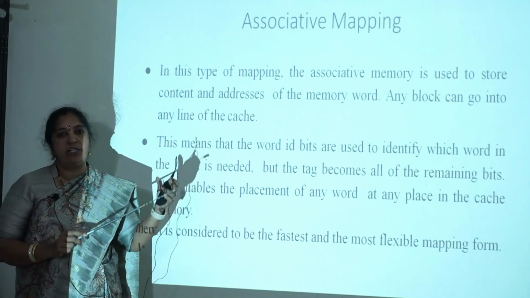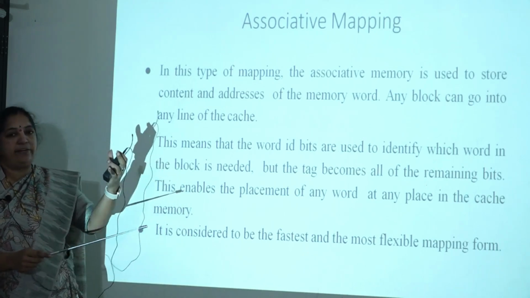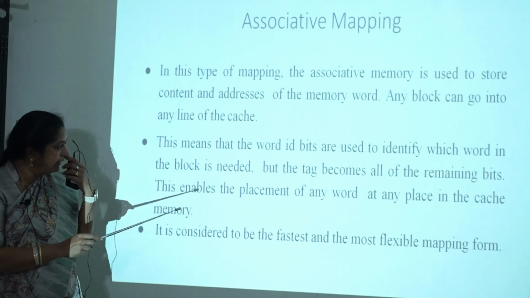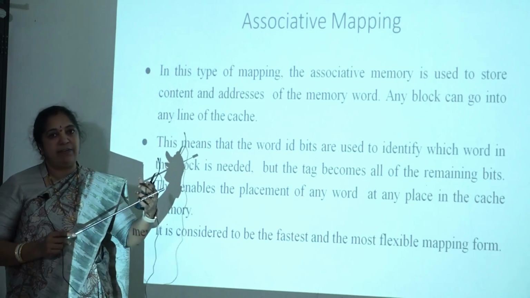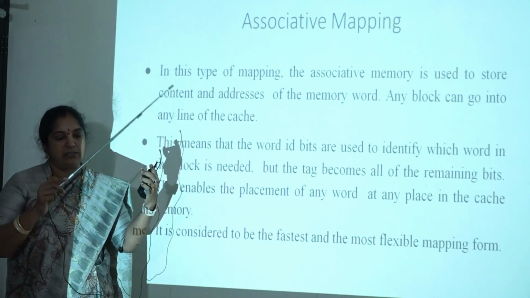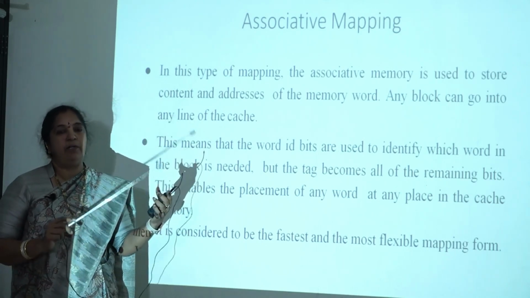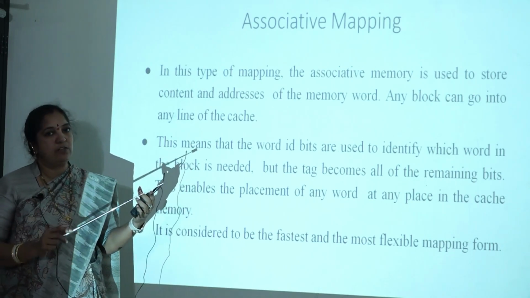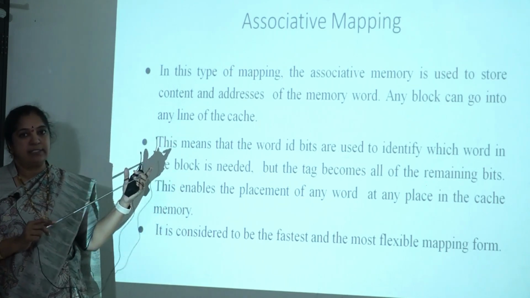There is no restriction, any line can be used, and the complete address and word is stored anywhere as a line. Here we use matching: based on the address given, we check in the cache whether it is available or not. If it is available, we send the corresponding word to the processor, and if it is not available, it is a miss, and then we go to main memory for searching.